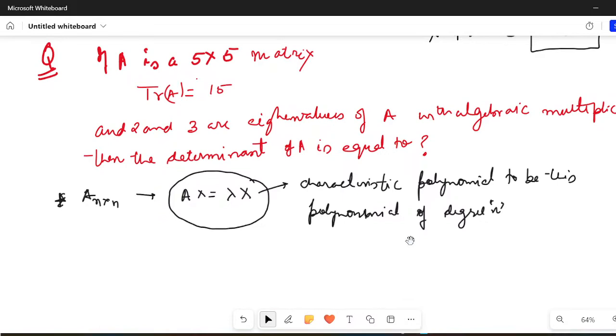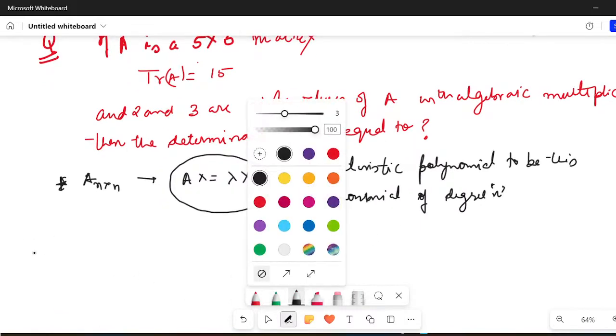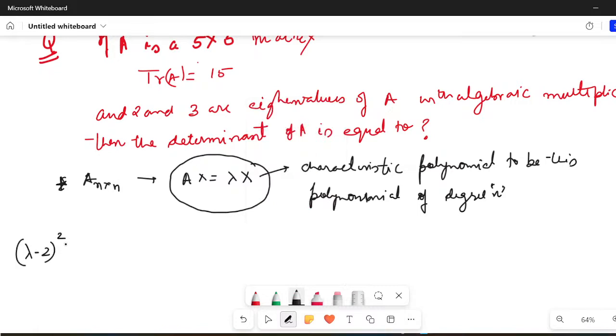It may so happen that, let us say, the polynomial is lambda minus 2 whole square into lambda minus 3. So here you can see that 2 is of multiplicity 2.